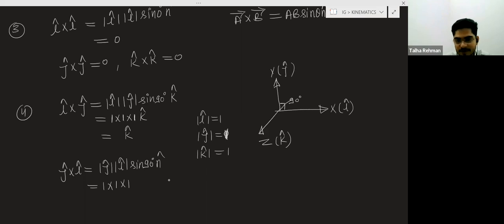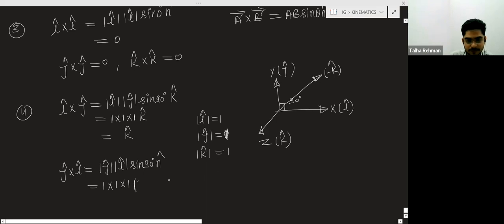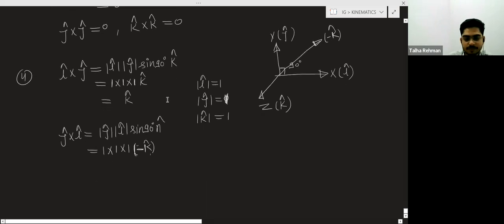Into the screen will be minus k cap. So j cap cross i cap is equal to minus k cap.